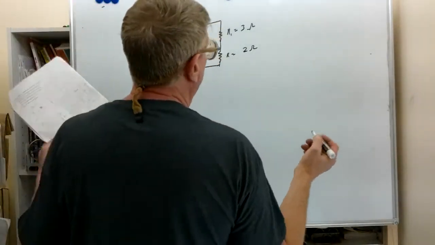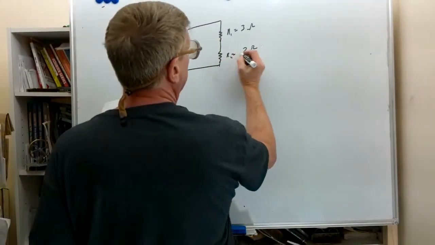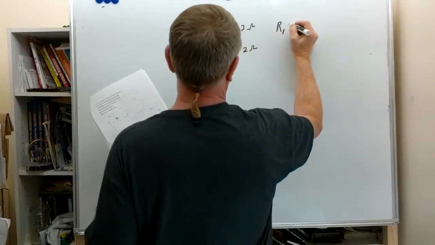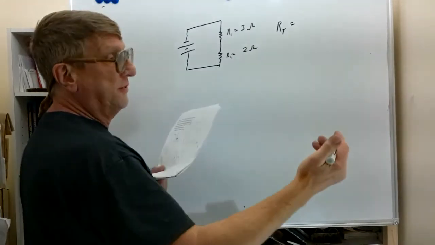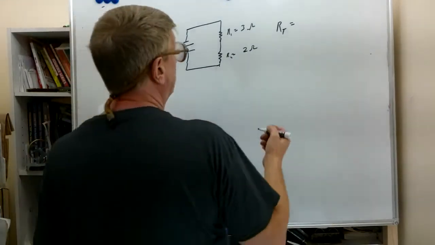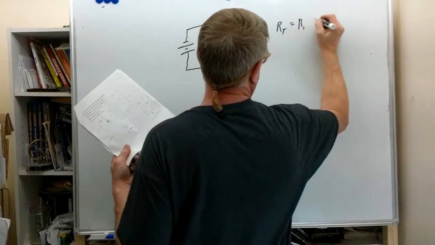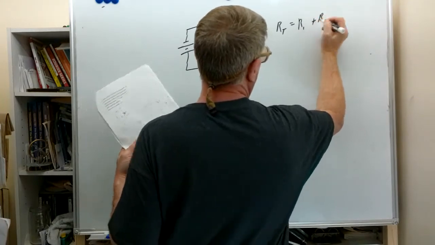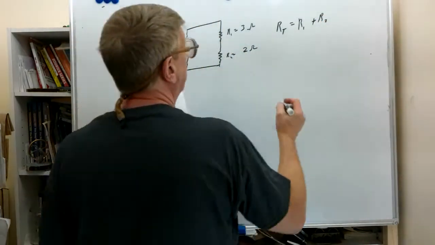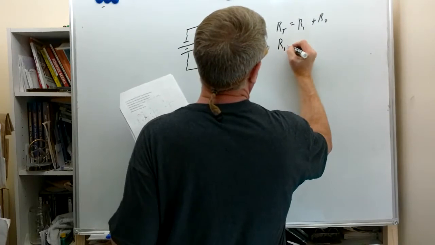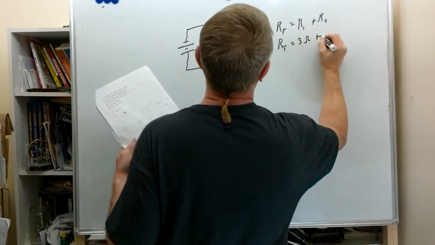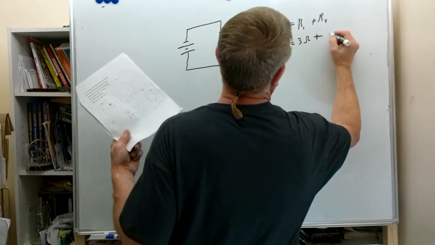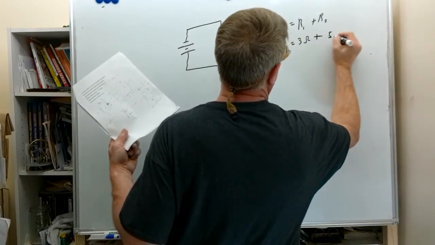What does RT, our total, equal here? Well, our total, using the formula we gave before, is R1 plus R2 plus R3, adding up however many resistors we have. We're going to go R1 plus R2 because we only have 2 resistors in this case. So our R total will equal R1, the 3 ohms, plus R2, 2 ohms, which is 5 ohms.